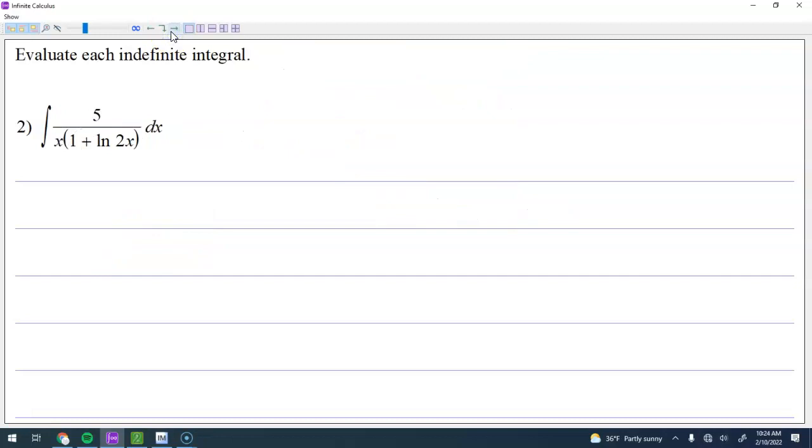Let's do 2. It would probably be good to try it both ways. Give yourself an idea of which one makes more sense to you.